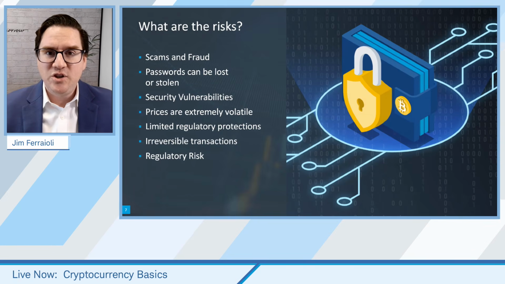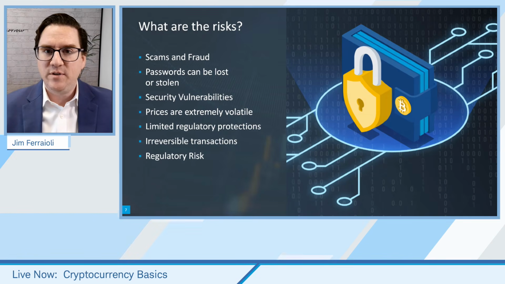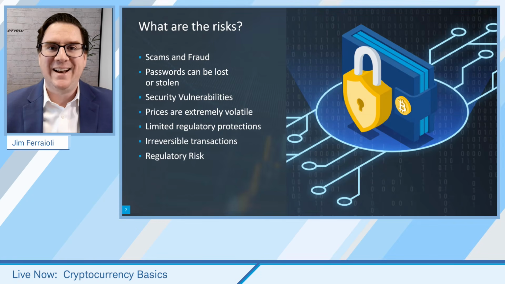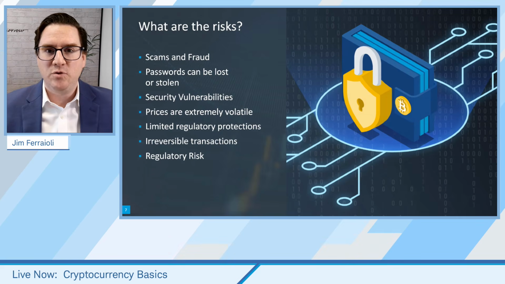Finally, transactions are irreversible. If you accidentally send someone cryptocurrency, there's no guarantee you can get it back because there's no central authority. And finally, there is regulatory risk. While the Securities and Exchange Commission has provided guidance on how they classify cryptocurrencies, there's not been any laws signed that either make these views permanent or any other views permanent.